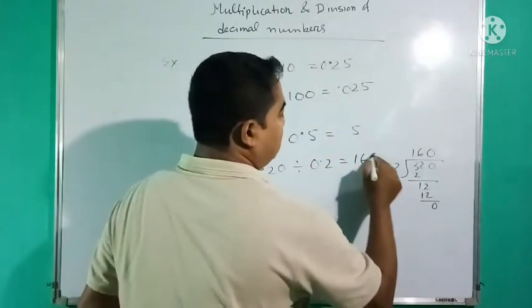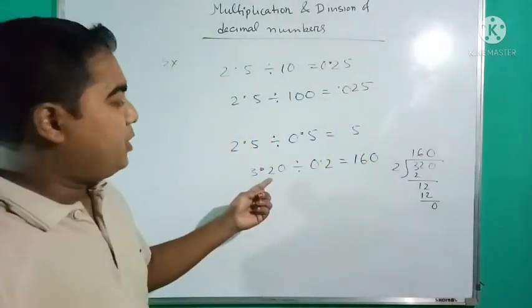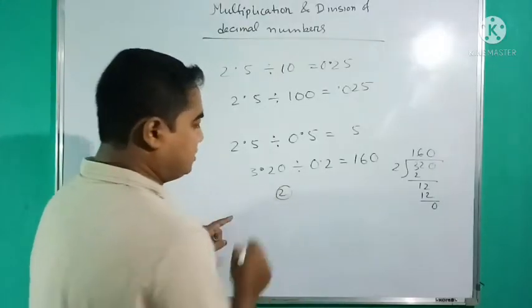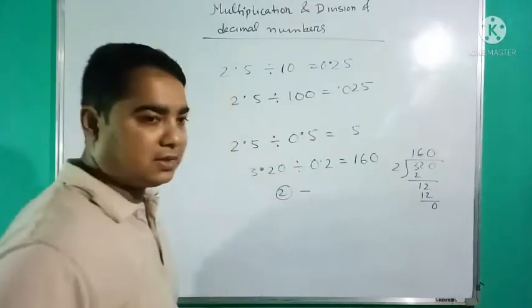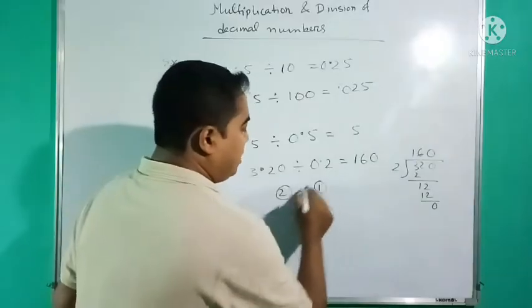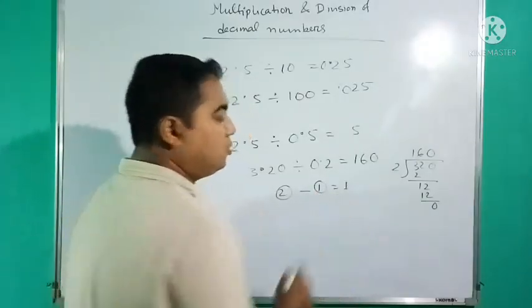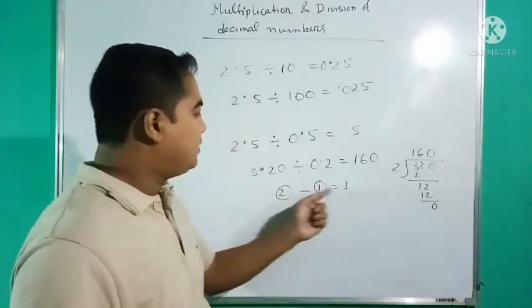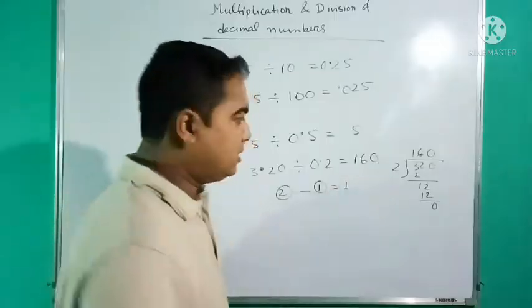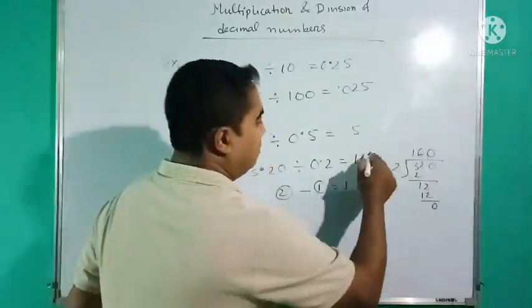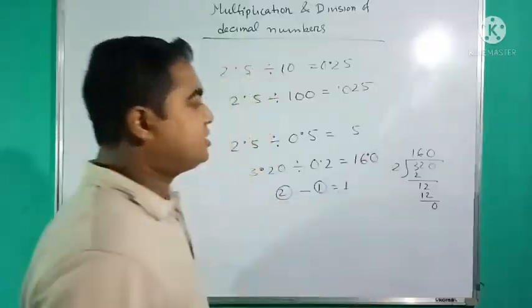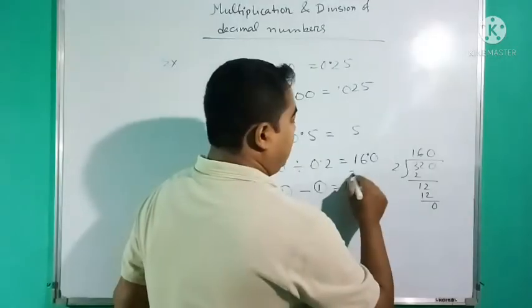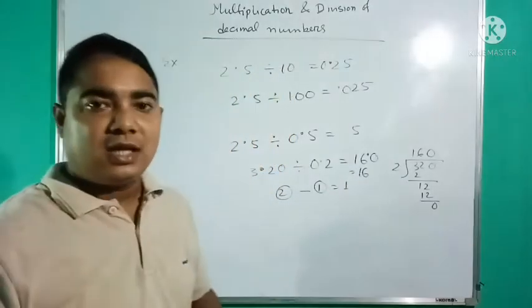The answer is 160. Now see how many decimal places? Here 2 decimal places. Divide means minus. How many decimal places here? 1. That is 2 minus 1. The answer is 1 decimal place. So you put the decimal place in front of 1 digit. Always count from right to left. This one is the answer, 16.0, or we can write it as 16. 16 is the answer.